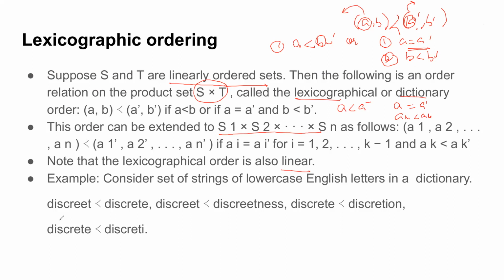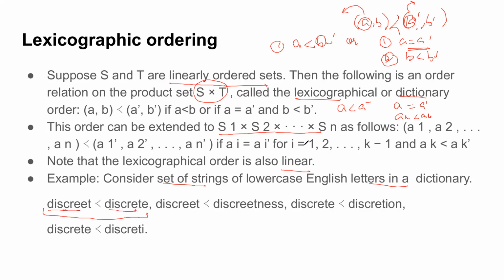Let us see it with an example directly. Consider a set of strings made of letters, as in an English dictionary, and let us see what we mean by lexical order. If you look at these two words, you can see the first 6 letters are exactly the same.